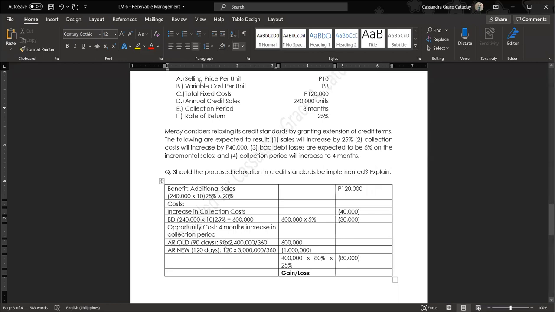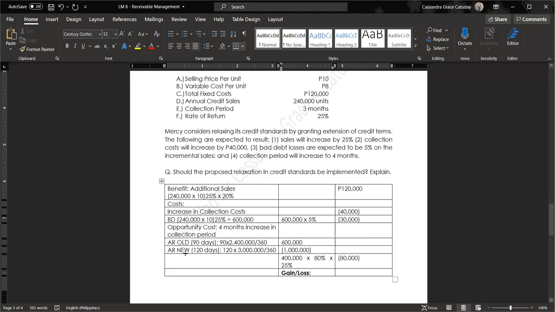So we multiply 90 by 2,400,000 divided by 360. That is 240,000 units multiplied by 10, based on the old annual sales. So 90 days multiplied by 2,400,000 divided by 360, we have 600,000. That is the amount when we were collecting the AR for 90 days.